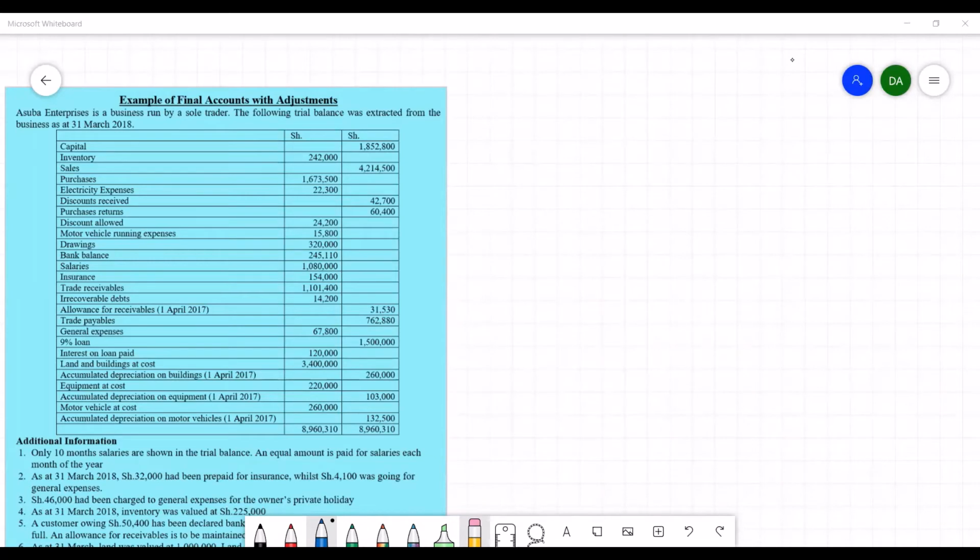Having prepared the statement of profit or loss very well, and we have determined the profit for the period, let us now prepare the statement of financial position for the business. Asuba Enterprises.